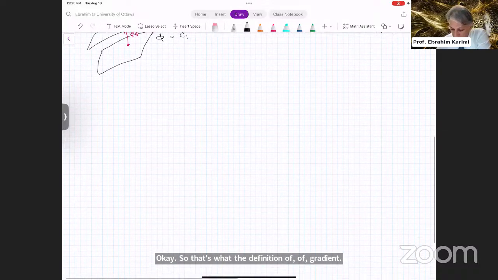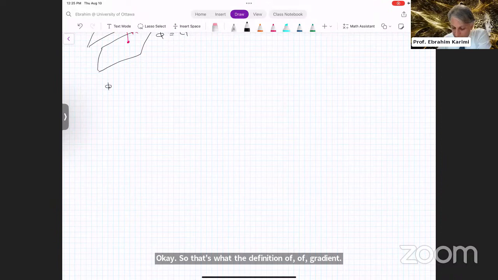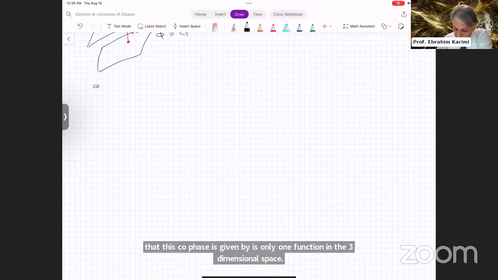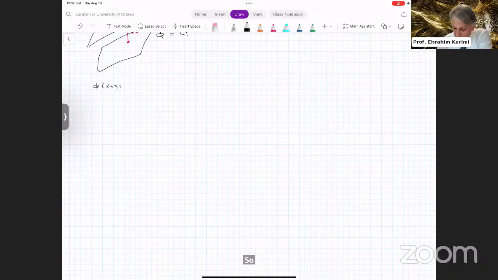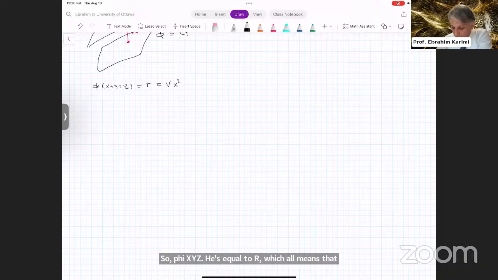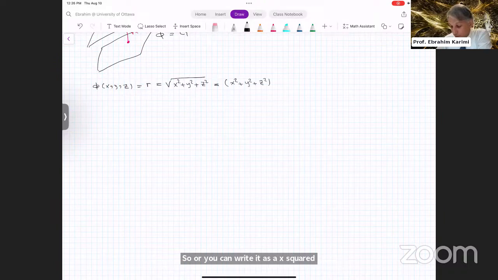I said, assuming that this surface is given by only one function in three-dimensional space, phi of x, y, z is equal to r, where r is equal to x to the power of 2 plus y to the power of 2 plus z to the power of 2, all to the power of 1/2.